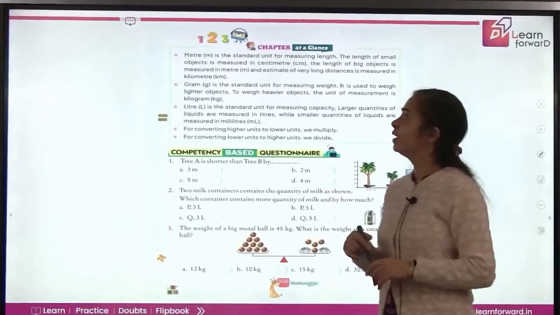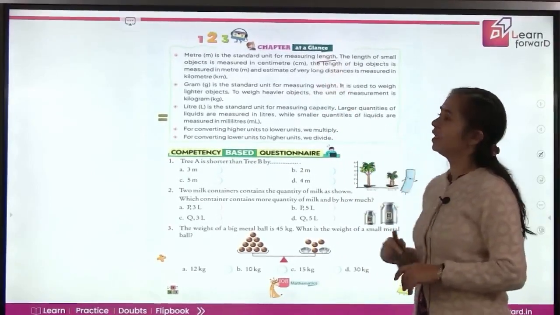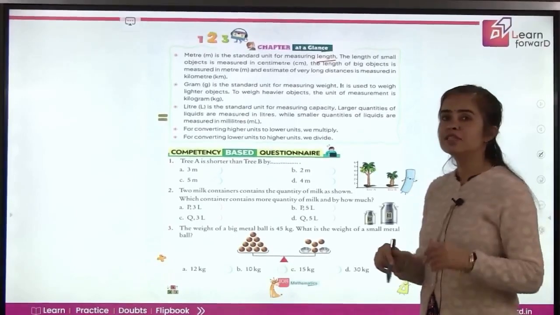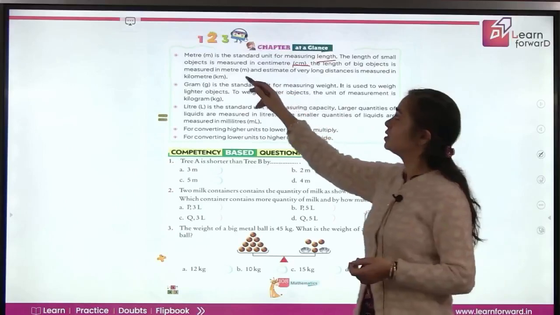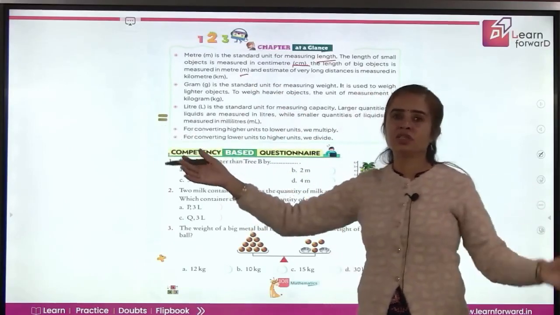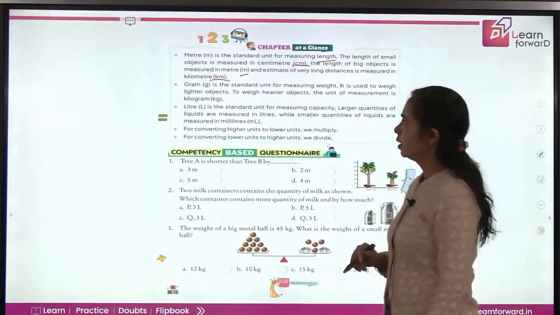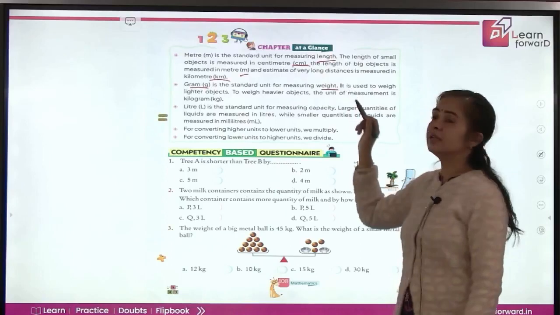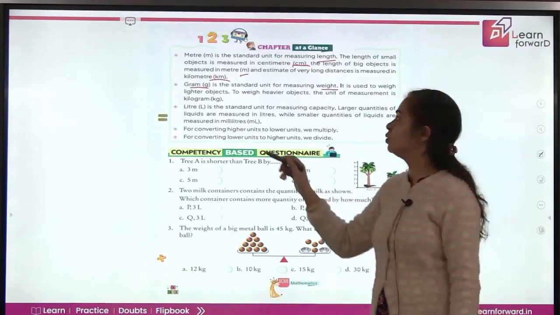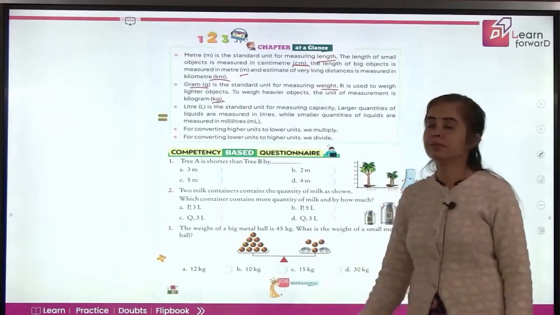Now here's the chapter at a glance. Meter is the standard unit of measuring length, and to measure small objects we use centimeters. The length of big objects is measured in meters, and distances are measured in kilometers, which is a still bigger unit. Now gram is the standard unit of measuring weight. So for measuring small objects, lighter weights, we use grams, and for heavier ones we use kilograms.